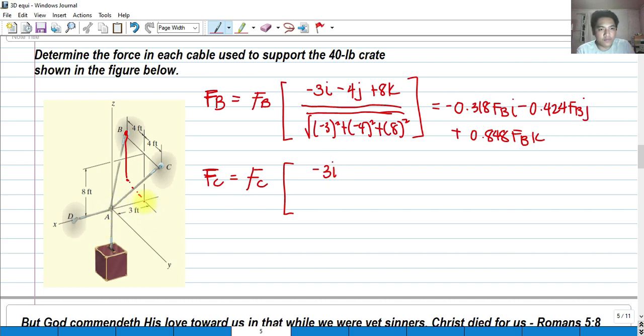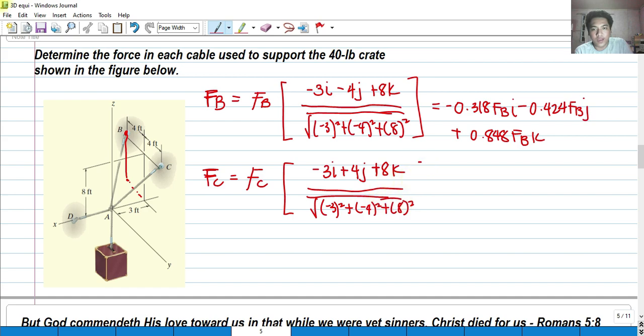And then we have to get here, that is 4 feet again, but in the direction of the positive y, so that would be plus 4j. And then going upward, that is also 8 feet, so we have plus 8k all over the square root of the sum of the squares of the components.